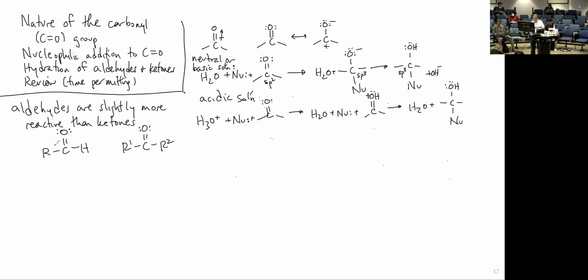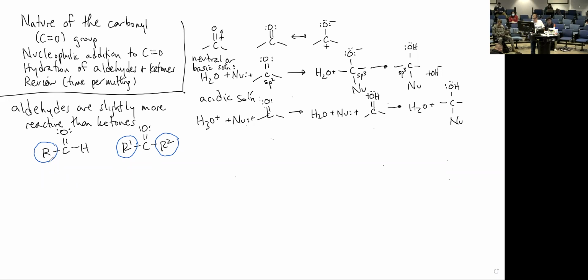And another reason that aldehydes are slightly more reactive than ketones is more of an electronic reason. Remember that this alkyl group, whatever it might be, is going to be larger than the hydrogen. And while the aldehyde has only one alkyl group, the ketone has two of them. And both alkyl groups come with their own extra electron density due to all of those carbon-carbon and carbon-hydrogen bonds that you find in the alkyl group. There's a lot more electron density in an alkyl group than there is in just a single hydrogen.